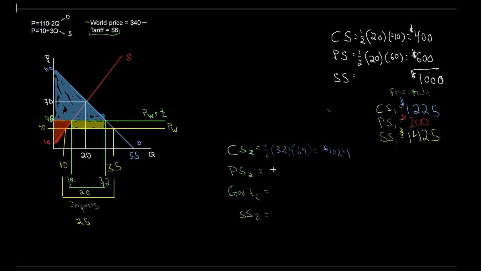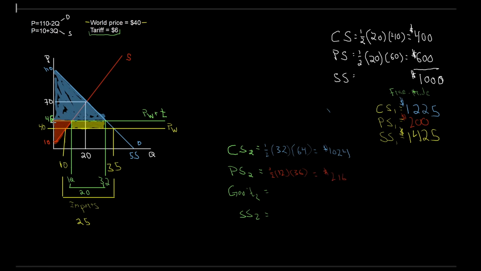What about producers? Well, we again have 1/2 base. In this case, our base is all the way up to 12 times height. Well, in this case, our height is 10 to 46, so we have a height of 36. So working that out, 1/2 times 12 times 36 gives us 216.